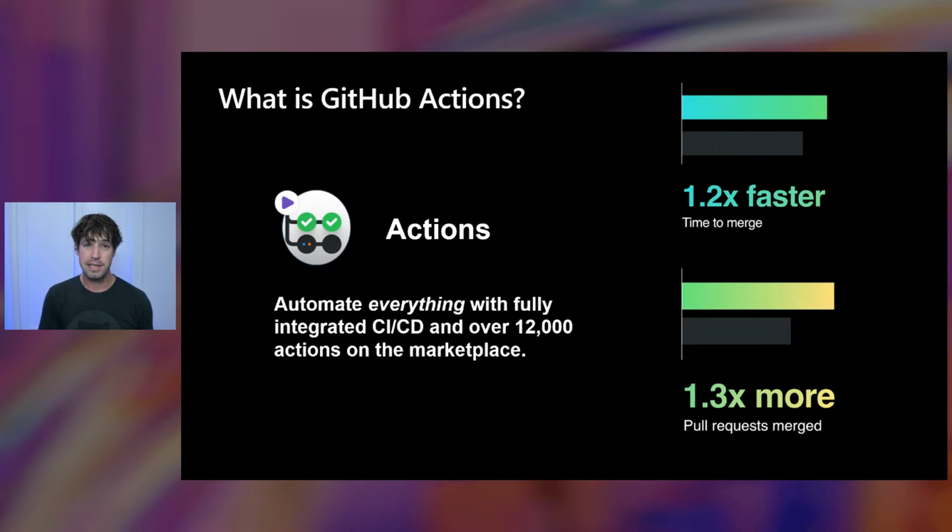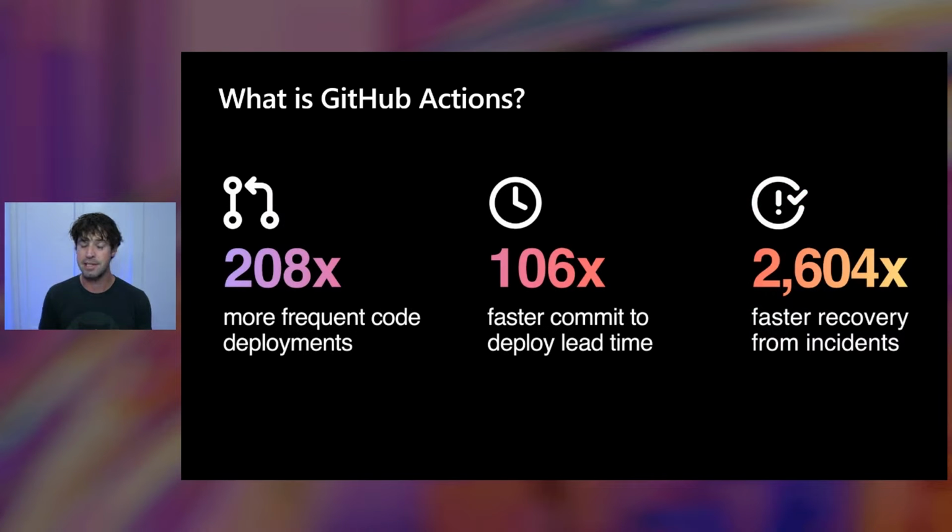We found that in practice, having effective automation and having effective DevOps processes like this and CI/CD using GitHub Actions leads to far better efficiency. So much faster merges and more merges. So the code that your team is writing gets into production a lot faster. In terms of DevOps, organizations with more mature DevOps practices tend to deploy so much more frequently and so much faster than ones with less mature DevOps automation.